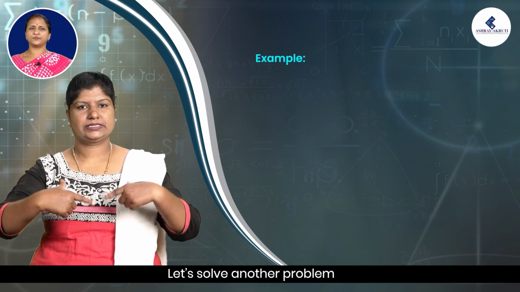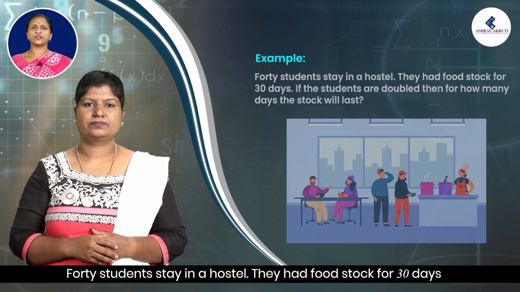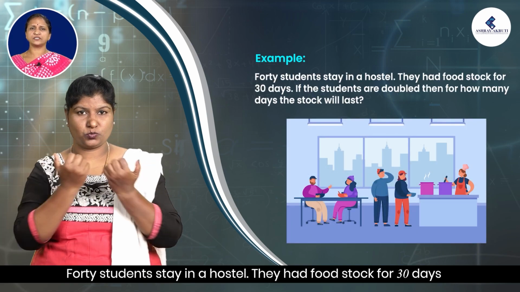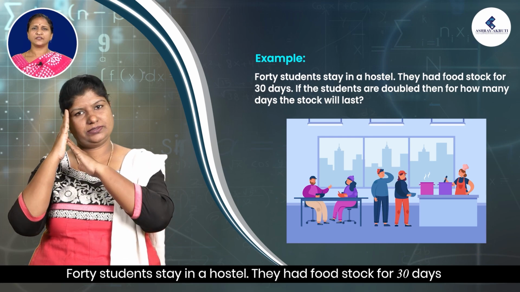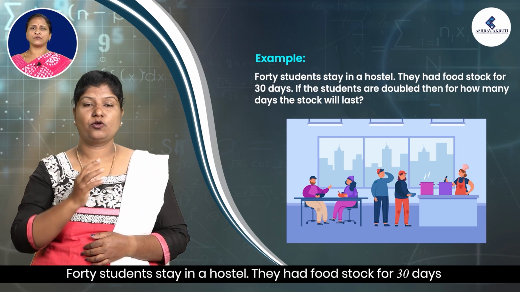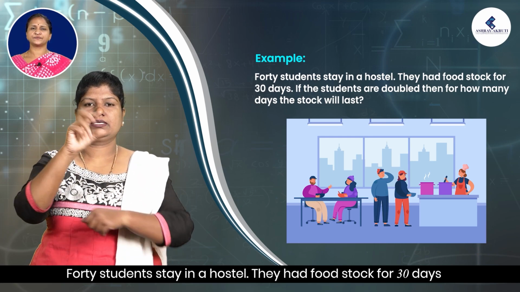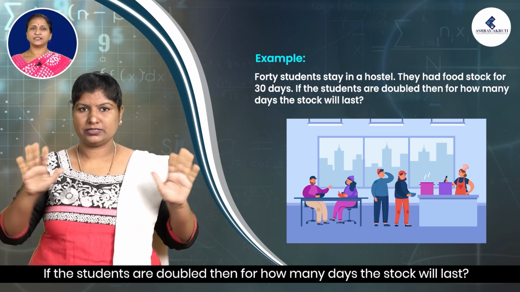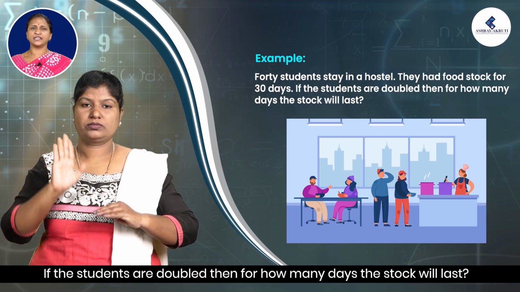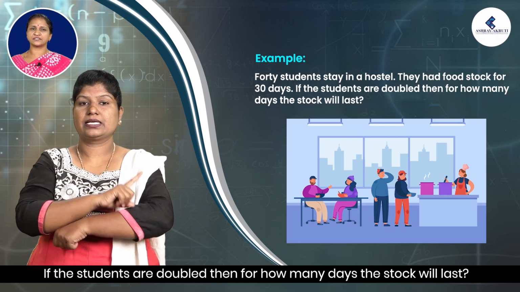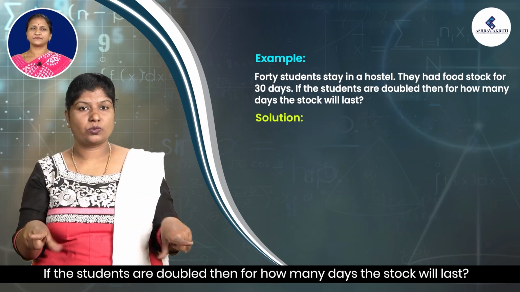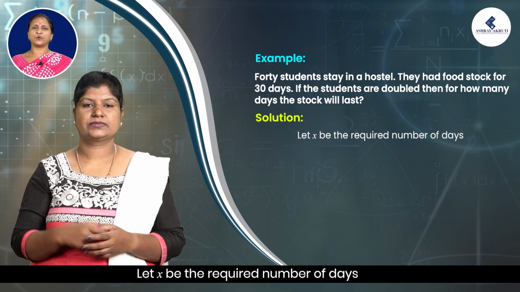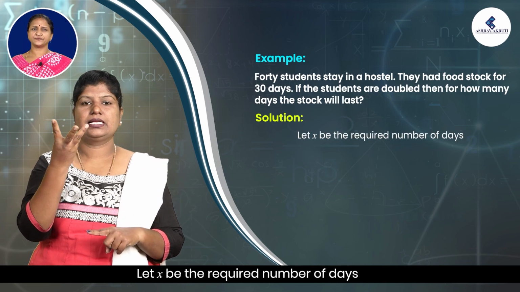Let's solve another problem. 40 students stay in a hostel. They had food stock for 30 days. If the students are doubled, then for how many days will the stock last? Let x be the required number of days.